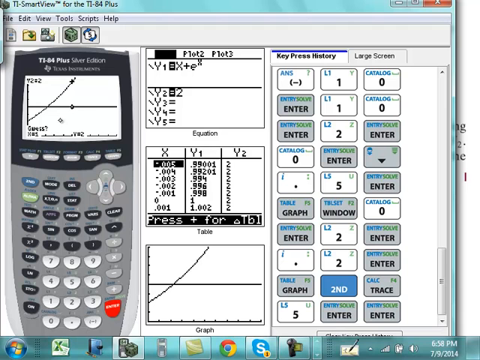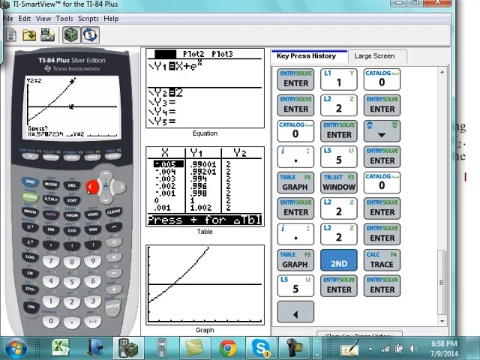And then the guess is going to be close to 1. So you could maybe hit the left arrow button to get close. Move your cursor closer, as close as you can get it. And hit enter.